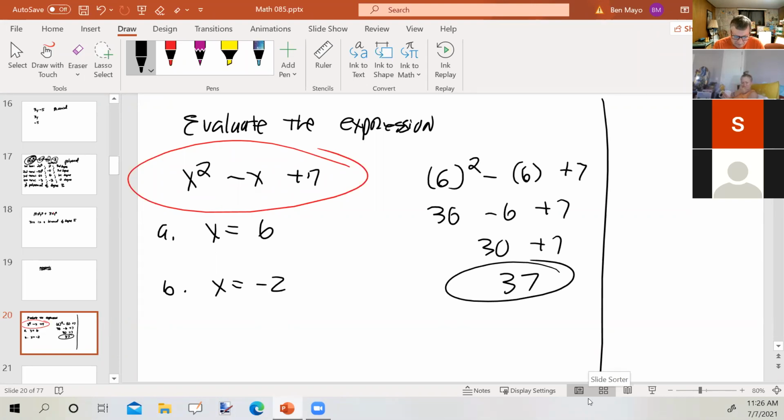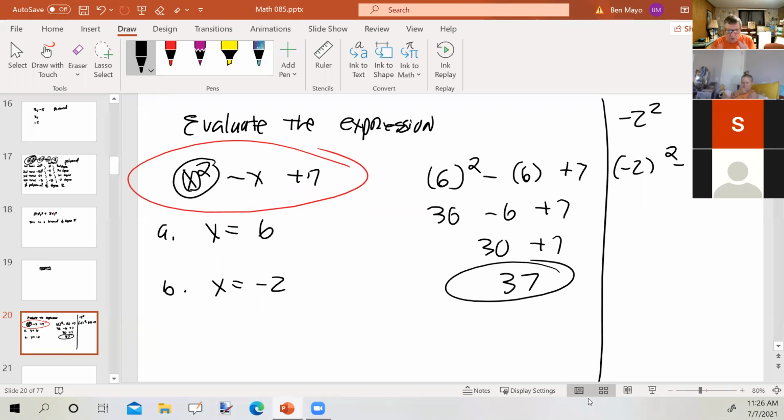All right, let's go back and evaluate the expression when x is negative 2. So negative 2, the quantity squared, minus negative 2 plus 7. Notice I'm putting parentheses around the substitution, around the number that's in place of the variable. This is x squared. So it's negative 2, the quantity squared. If I wrote it like this, that would give me the wrong answer.